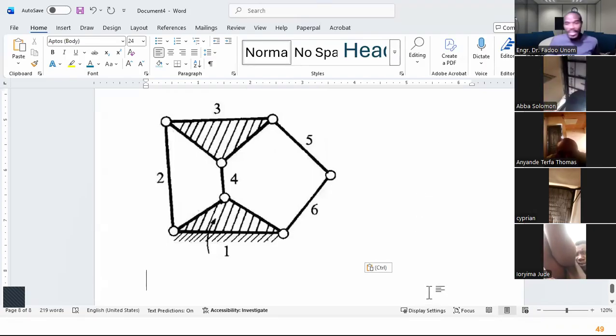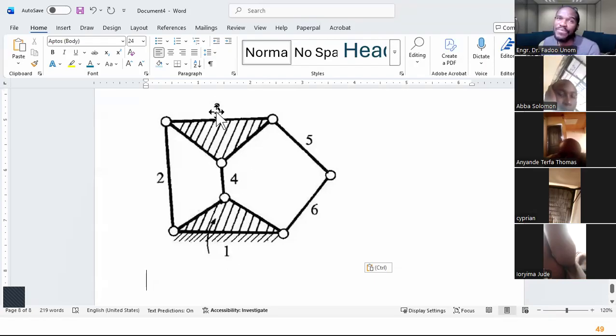Now, notice that this link here is a ternary link, right? It's a link that has three joints on it, 3 points where other links can be connected to it. The shading there shows that it is one piece. So you even see the arrow telling us that this triangle here is one link.